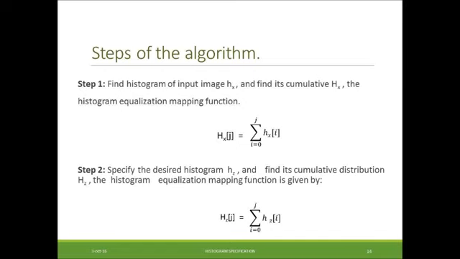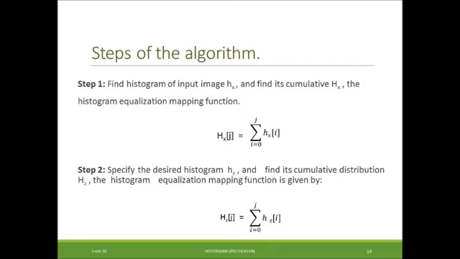Steps of the algorithm. Step 1. Find the histogram of the input image hx and find its cumulative Hx, the histogram equalization mapping function: capital Hx of j equal to the summation, i equal to 0 to j, of small hx of i.